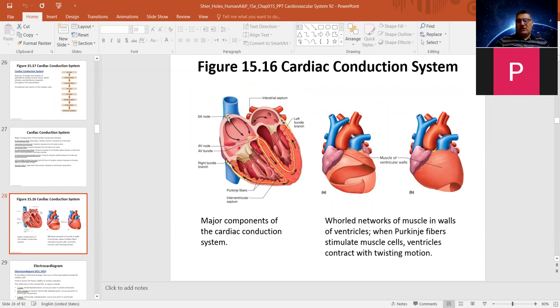So the name comes from the location, sinoatrial node. It's a node, and this is the pacemaker. This is the one that makes the pace. What's the pace? How many contractions or how many signals per minute. Pacemaker.